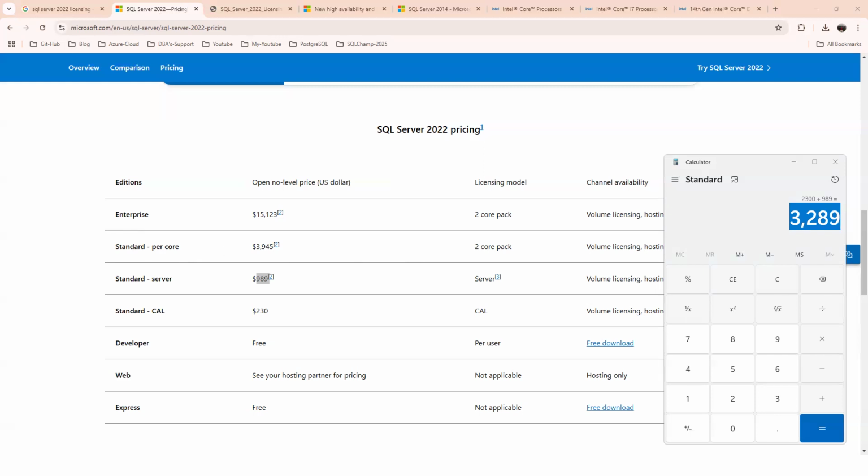This is very important. Especially if you are installing SQL Server, your application team may ask questions on the licensing part, such as how much it costs, and you may not have clarity and want some help.